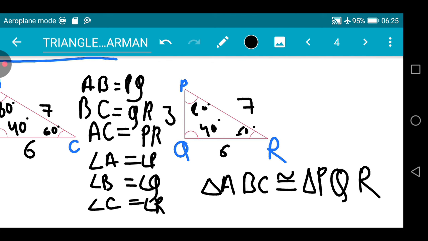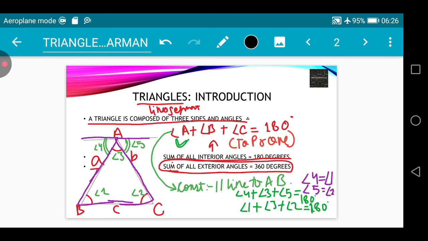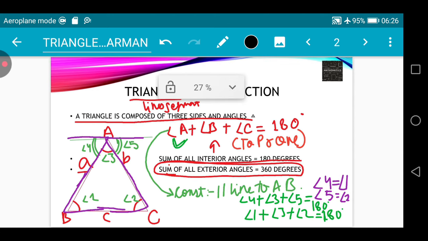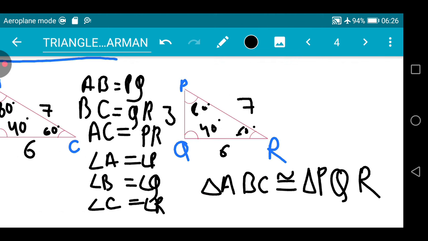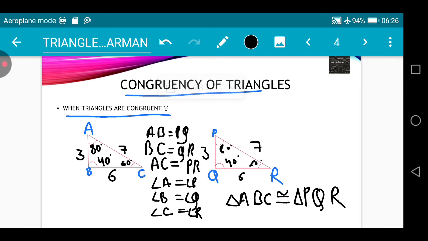But what we defined earlier is that a triangle is composed of 3 sides and 3 angles. So if we have only 3 sides, can we prove the triangles are congruent? Absolutely. If any 3 parts of a triangle are equal to those of another, then we can prove that the two triangles are not equal but congruent.